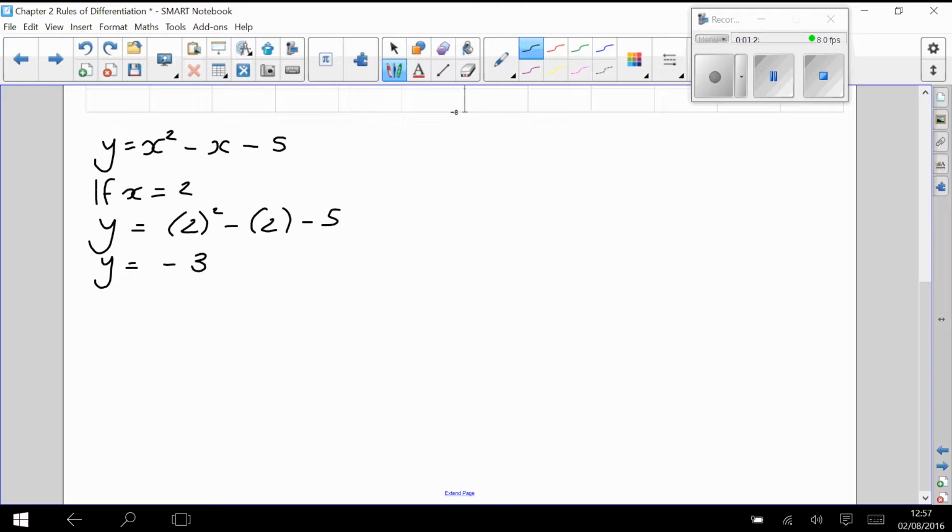Let's test what would have happened if x was equal to 3. Then my y would have been 3 squared minus 3 minus 5, and now you can see that y was going to be equal to 1.